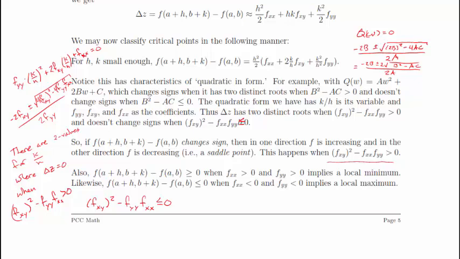So if our change in z, f(a+h, b+k) minus f(a, b), is greater than 0, this happens when my second partial derivative with respect to x of f is greater than 0, and the second partial derivative with respect to y of f is also greater than 0.